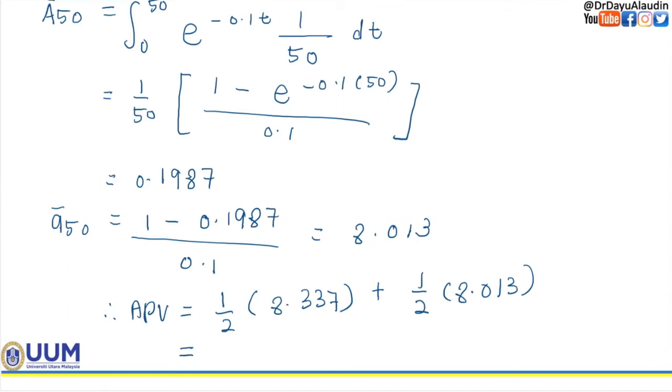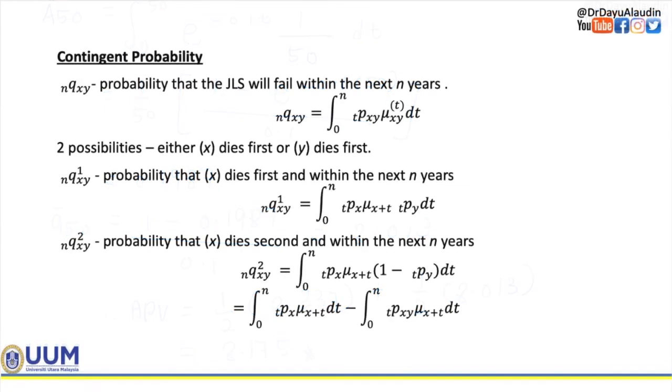So the APV for example 7 is equal to 8.175.